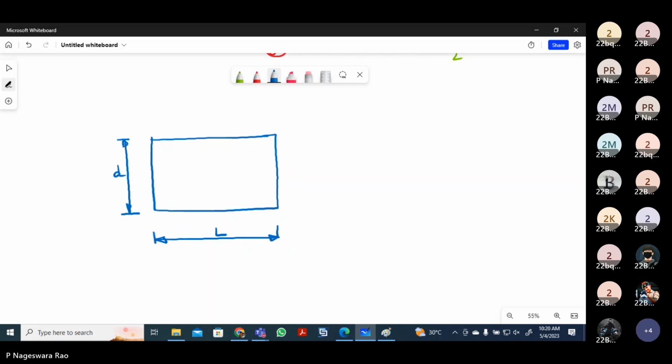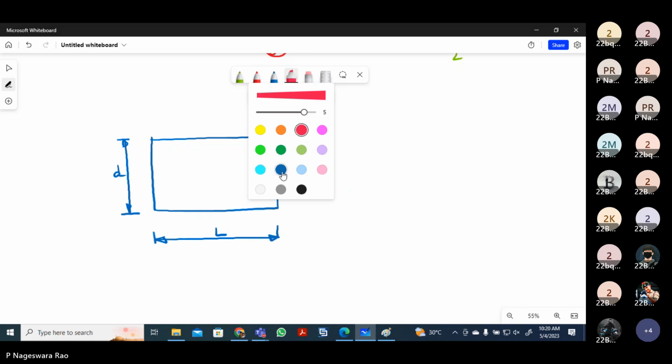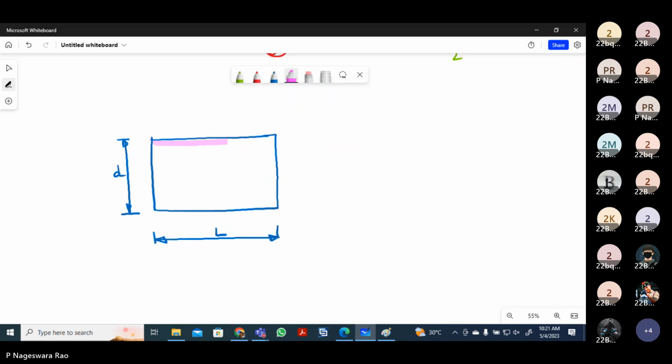And now it is not a curve, it is an area. For example, I am shading this one. That means it is like an A4 paper.